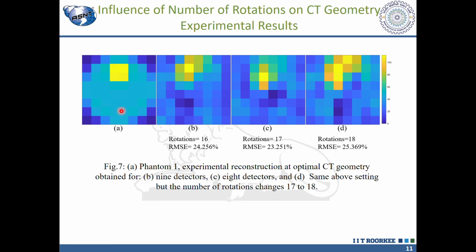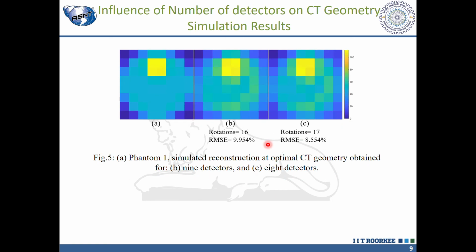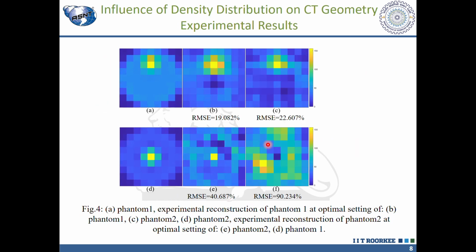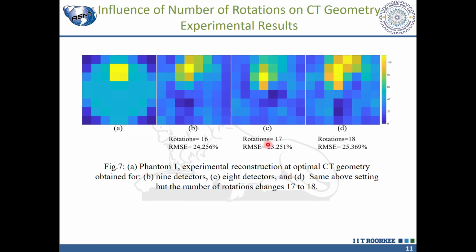For 8 detectors, the optimal geometry was 17 rotations and a 56 degree fan beam angle. So we kept the fan beam angle the same, and changed the number of rotations to 16, 17, and 18.